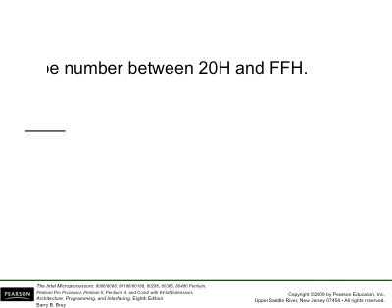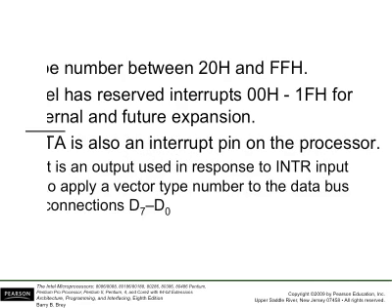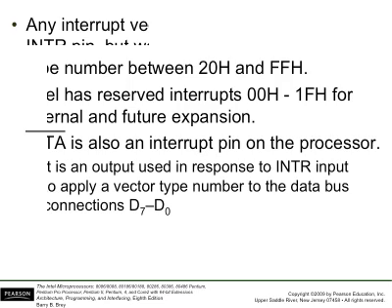What we mean by that is any interrupt vector can be chosen for the INTR pin, but we will use the interrupt type number between 20 and FF. So why do we have these two numbers, 20 and FF?